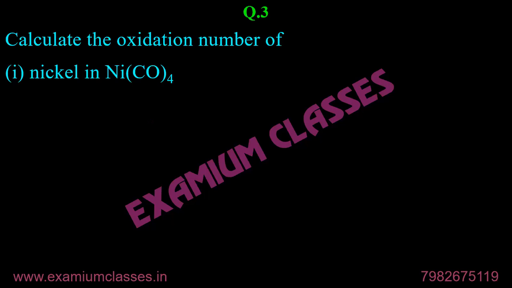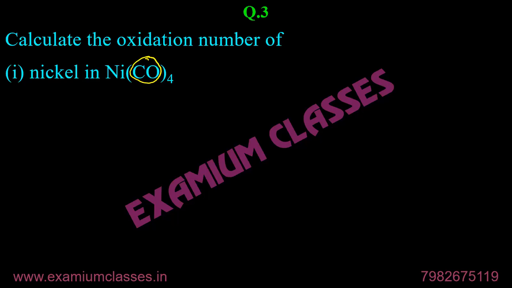Next question. Calculate the oxidation number of nickel in Ni(CO)4. And I have already told you that the carbonyl group CO has a specific oxidation number. You don't need to write carbon and oxygen separately. No, Devansh, no, Ashi, no, Vandana.